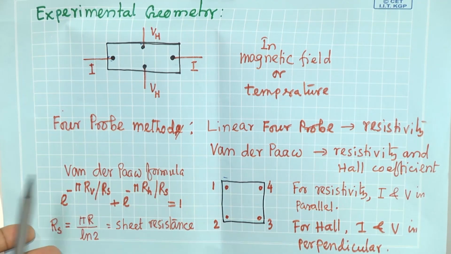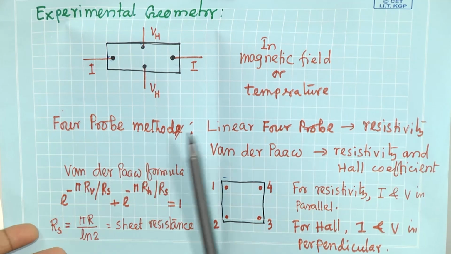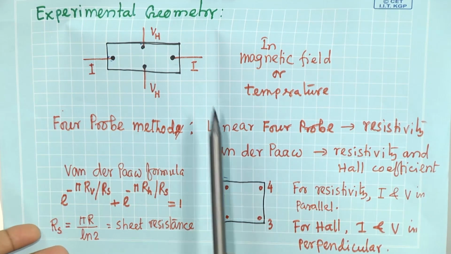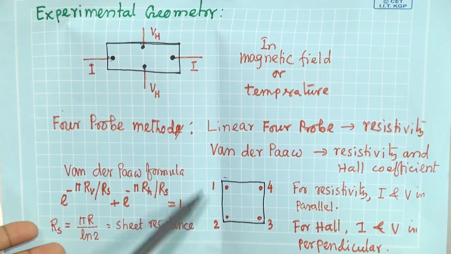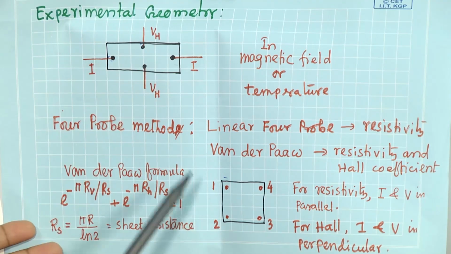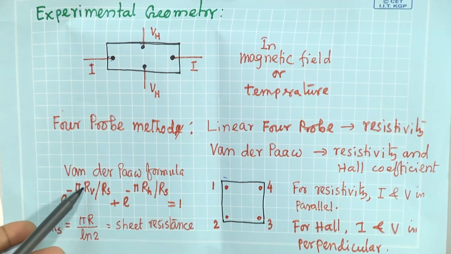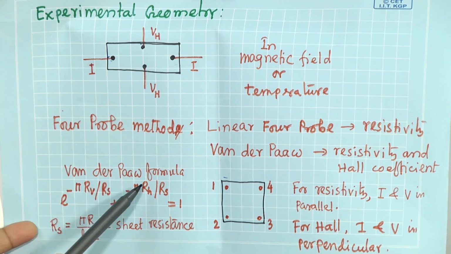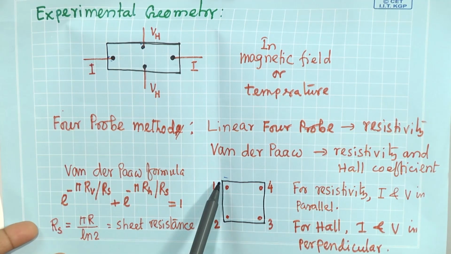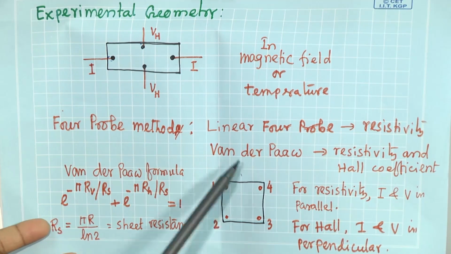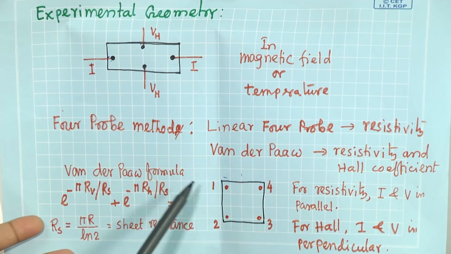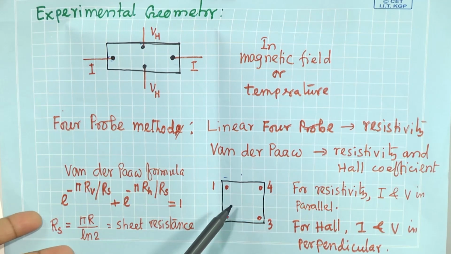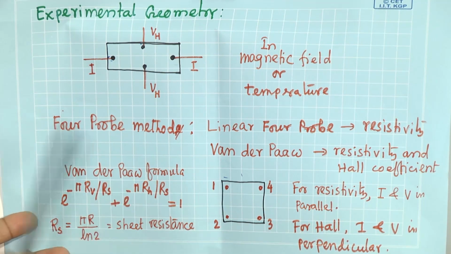And RH is in the horizontal direction: these two you use for current and these two for voltage, or vice versa. Whatever resistance you get, that is RH. Okay, so this is easy to measure. If you measure these, from this formula you will get R, and when you get R, you can calculate the resistivity or conductivity.